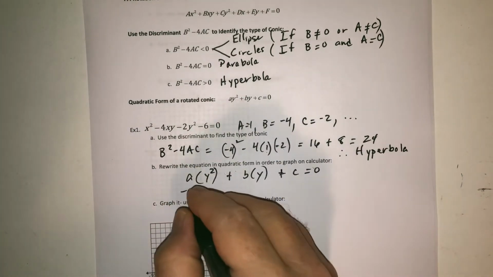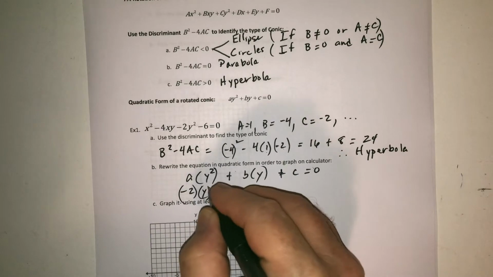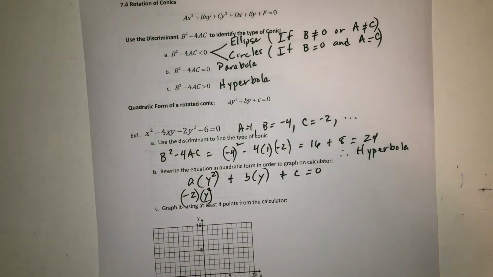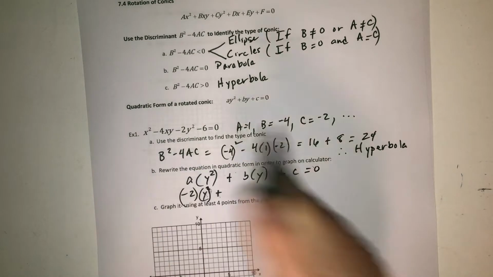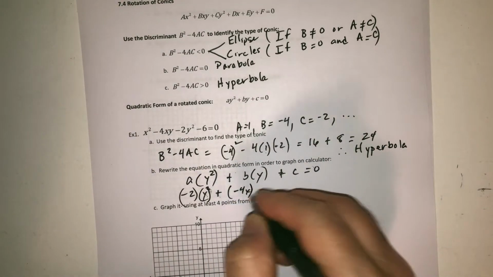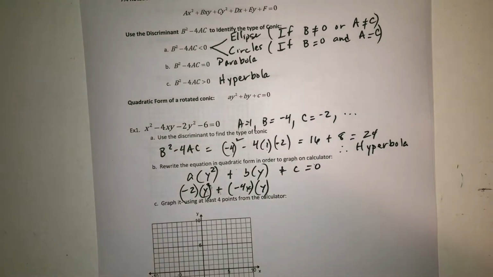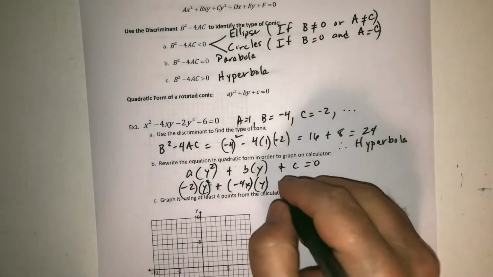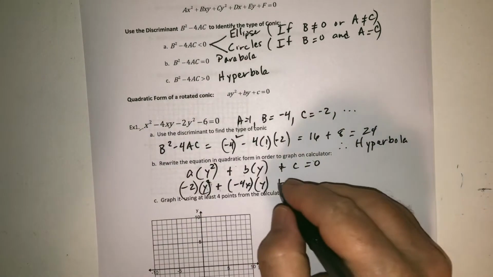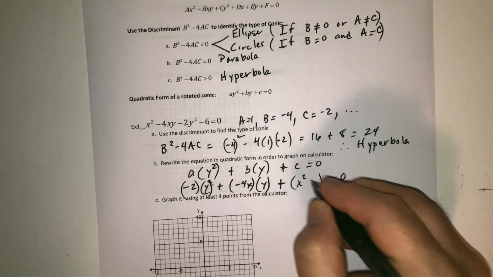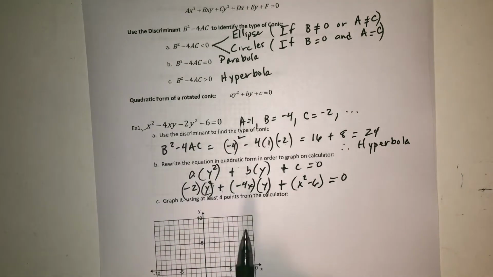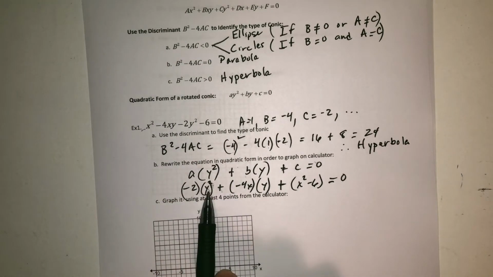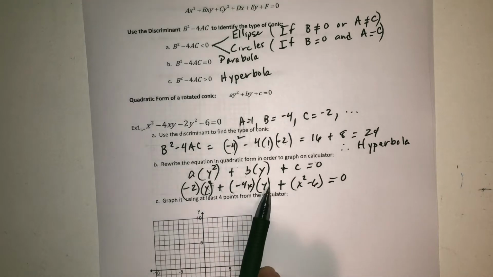That's -2, so -2 times y squared, plus something times y, and what we can do is factor out that -4x, so that b would be -4x times y, plus what's left is this x squared and that -6, and that will be your c.